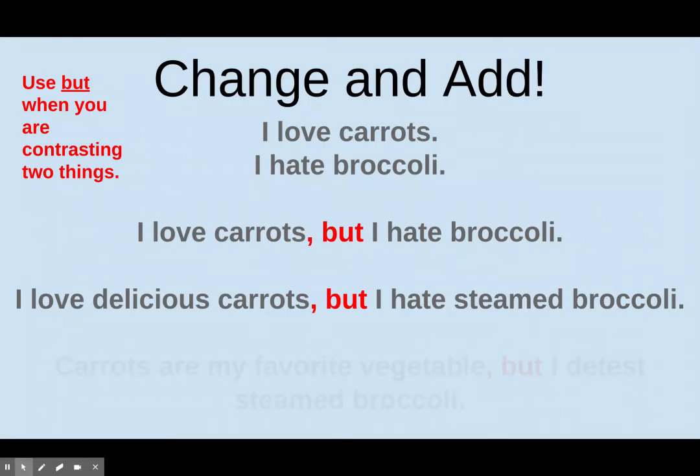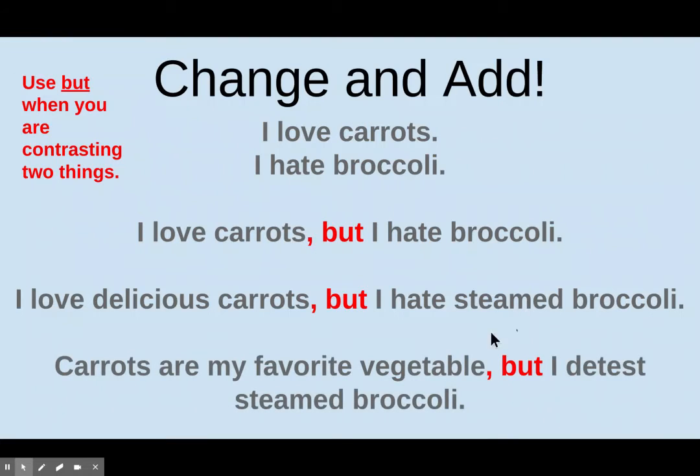Now, this is moving the words around. Carrots are my favorite vegetable, but I detest steamed broccoli. That's your wow sentence. That's where you've moved and you've changed the structure, and you're still using your conjunction, and these are still two complete simple sentences, but you've moved them around and you've used better verbs.